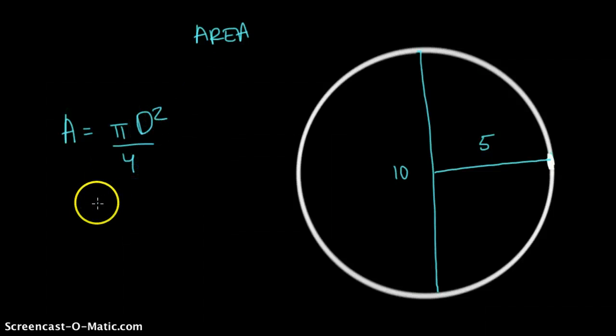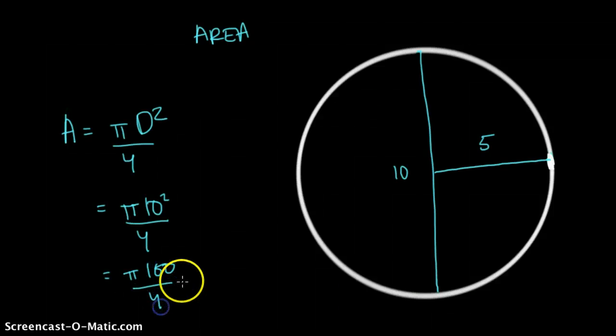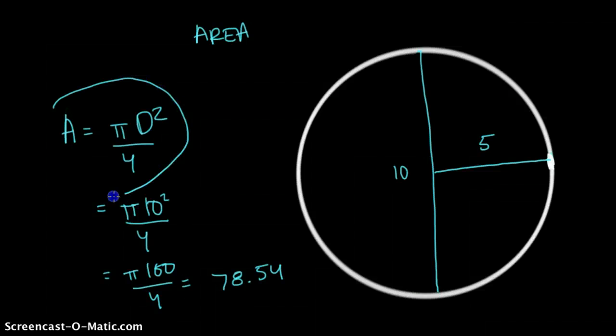In our case, that would be pi multiplied by 10 squared over 4. That would be pi times 100 over 4, which of course equals 78.54. This is what you want to pay attention to. The formula on how to solve it. Pi times diameter squared over 4. That's if you know the diameter.